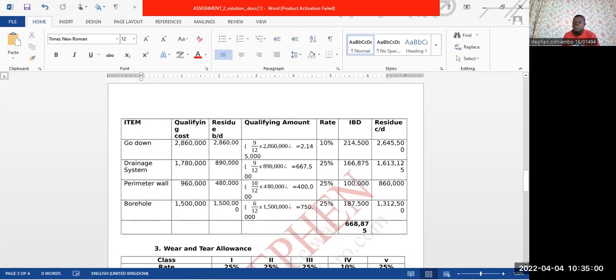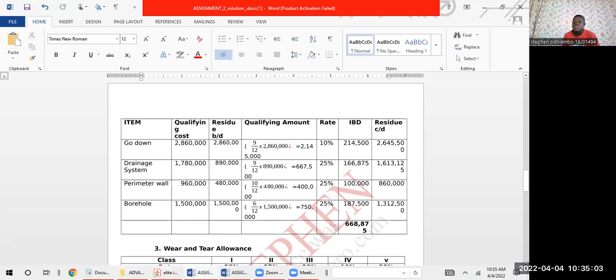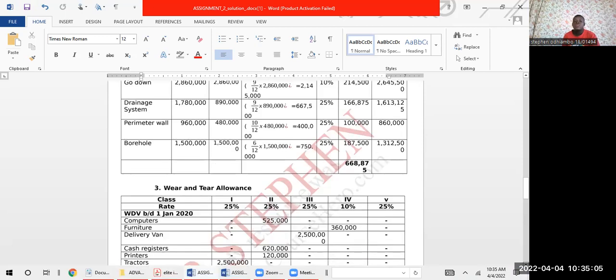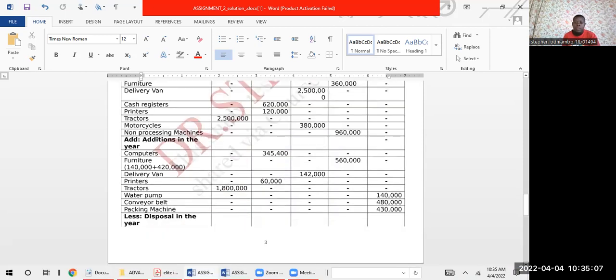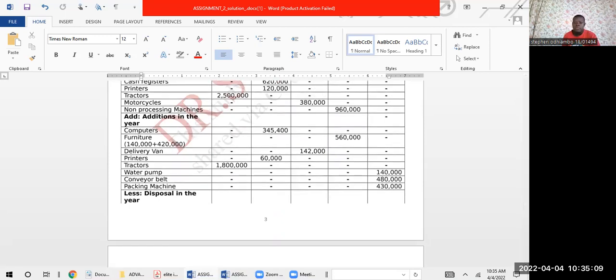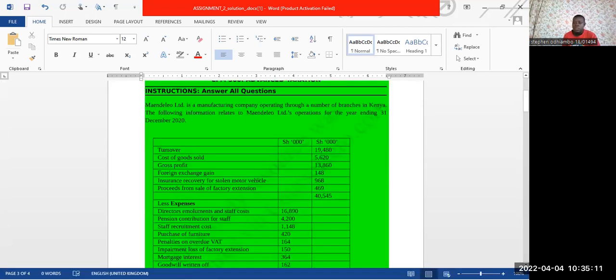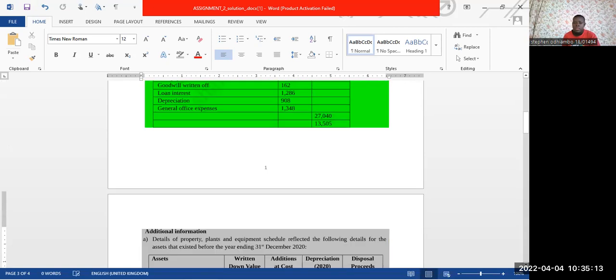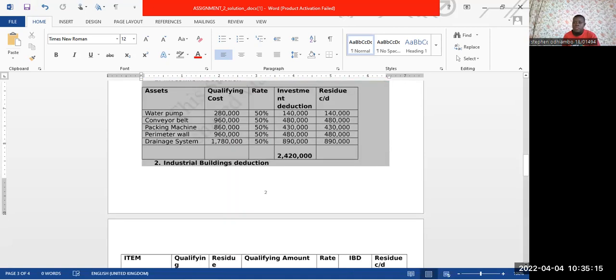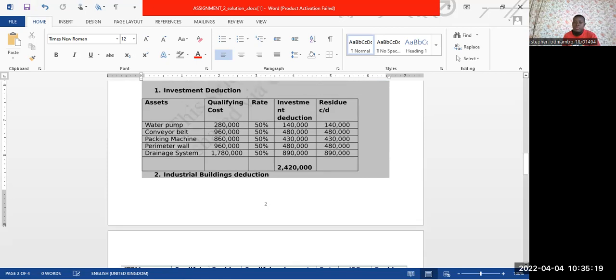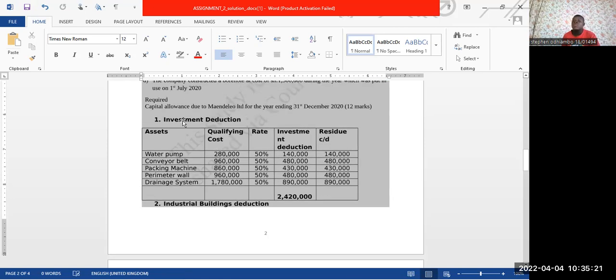We have residue and wear and tear allowances. The first allowance we are supposed to be doing is investment allowance, as far as the question is concerned. I hope everyone has the question so they can follow.